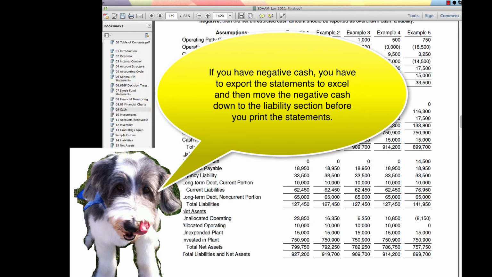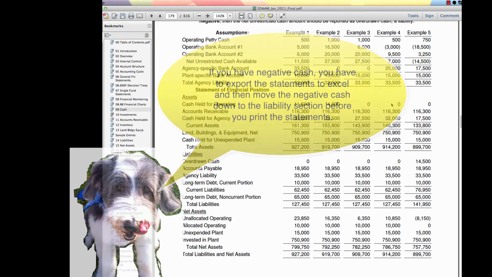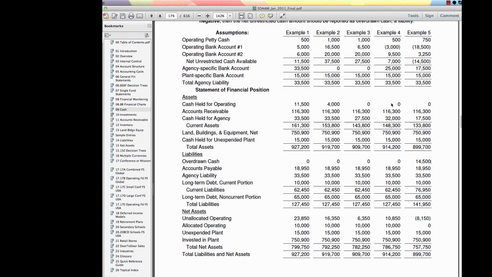Remember, you cannot just simply take SunPlus financial statements and run them and think that they're covering all the possible iterations of what can be encountered in your organization. In general, it's right in most situations, but the automatic financial statements do not cover every possible combination.